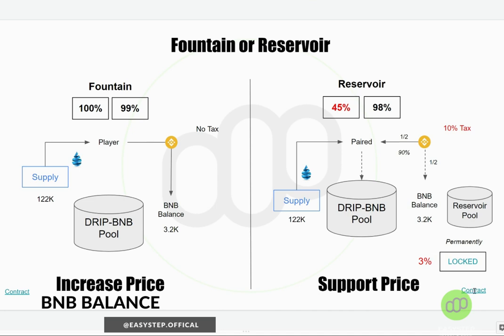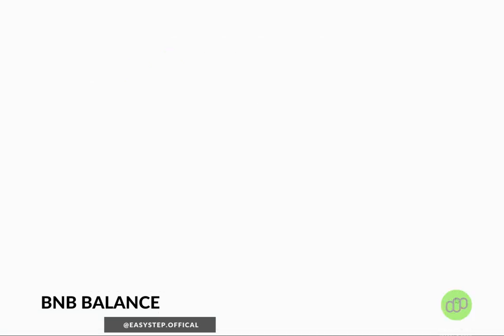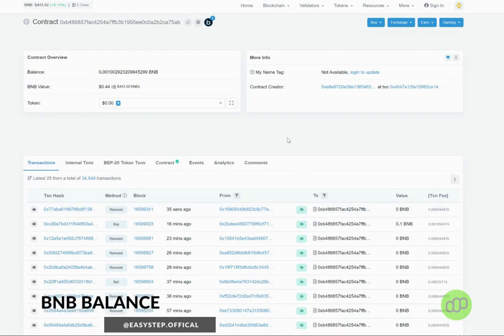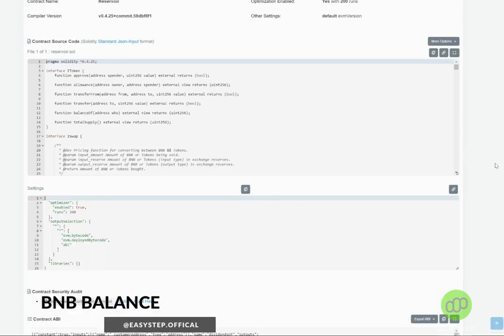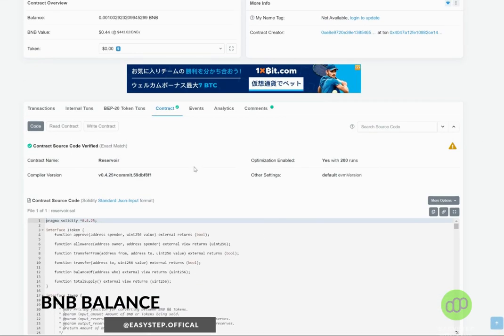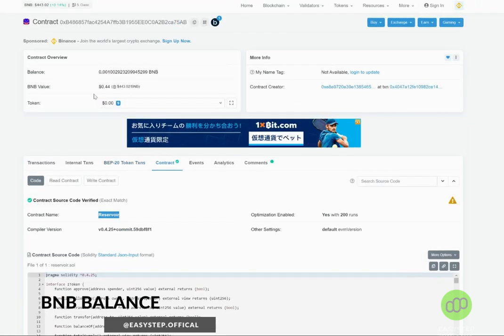I know a lot of people may not look at this contract, so I think it's important for us to go there. Okay, now this is the reservoir contract, and as you can see here, it says contract name, reservoir. And if we look at the top, we see a BNB balance, and the BNB balance for the reservoir contract is 0.